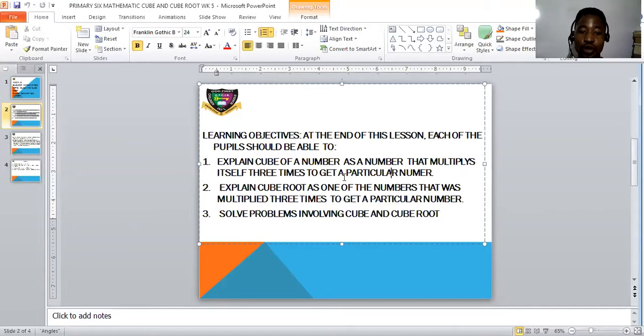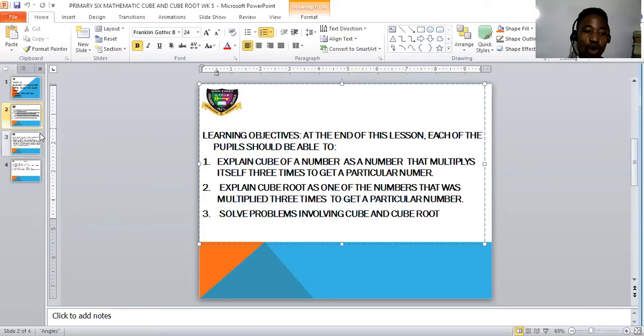Number 2: you should be able to explain cube root as one of the numbers that was multiplied 3 times to get a particular number. And thirdly, you should be able to solve some problems involving cube and cube root.